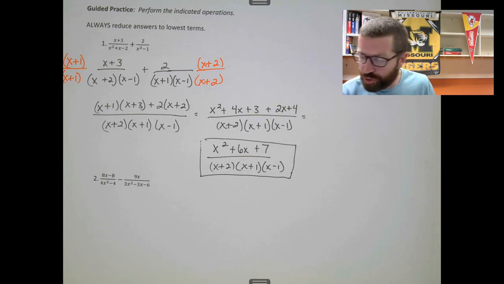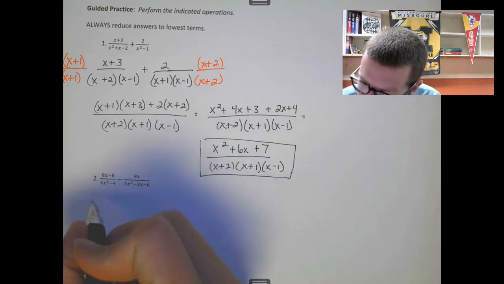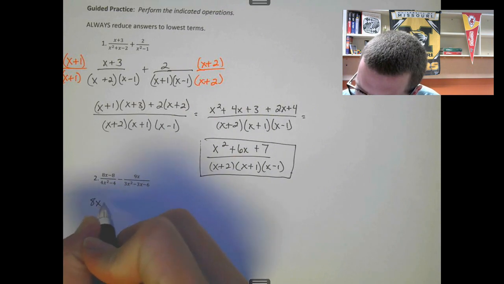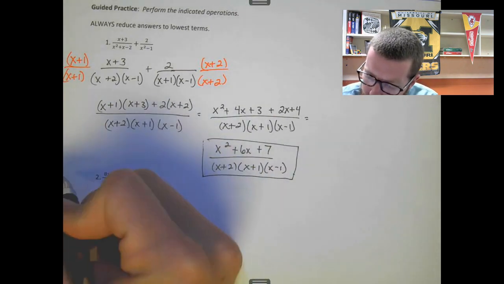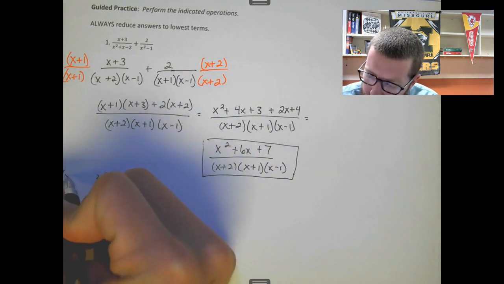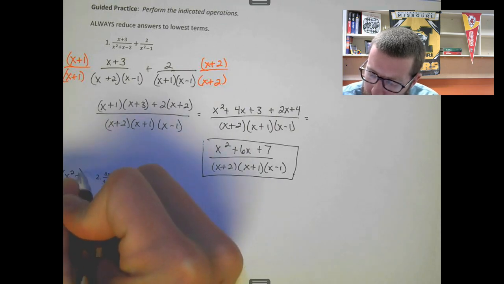Okay, on the next one with your factoring, remember a greatest common factor. You take out an 8x, sorry, just an 8. And then I'm going to do this in two steps in one here. So I'm going to take out a 4 first.